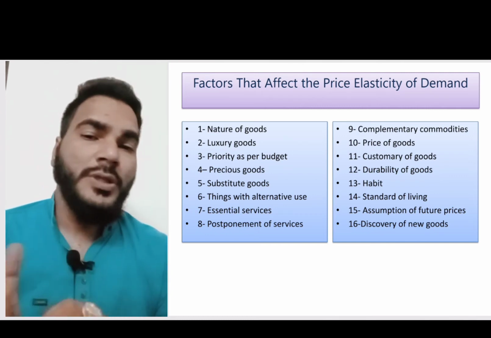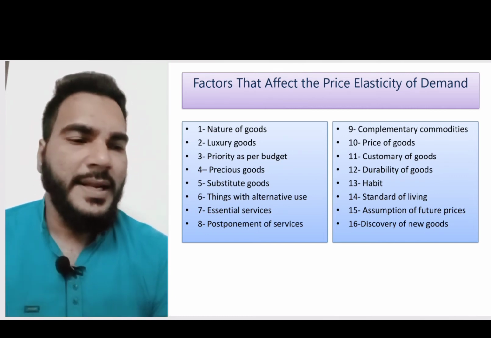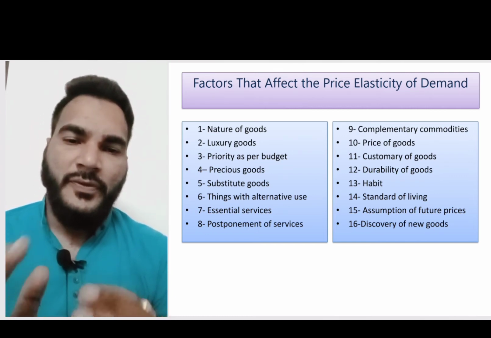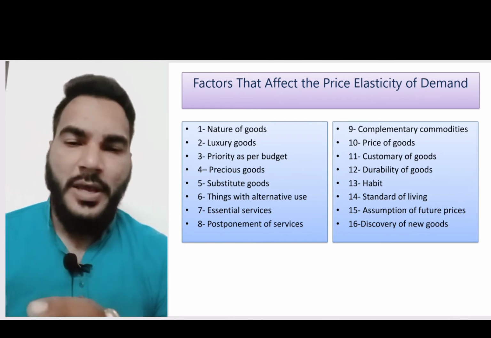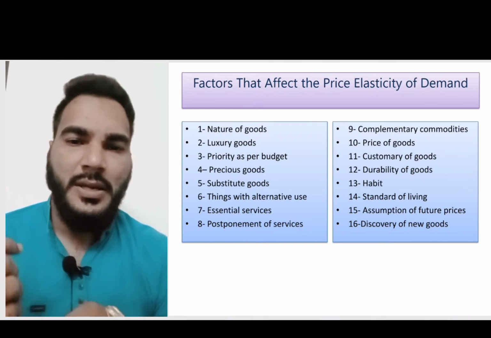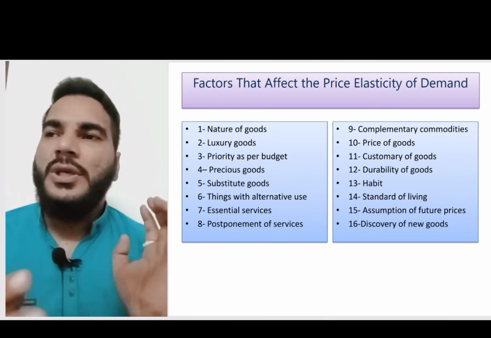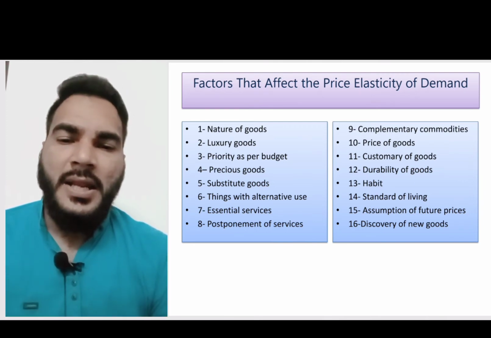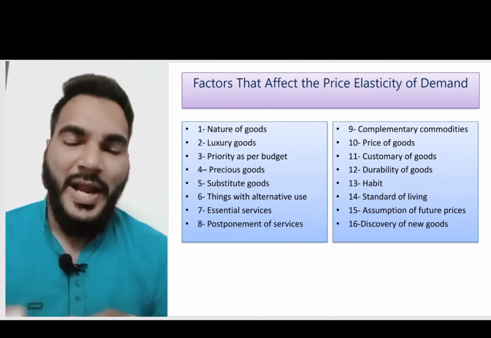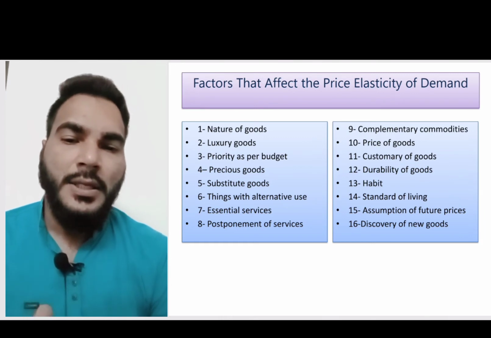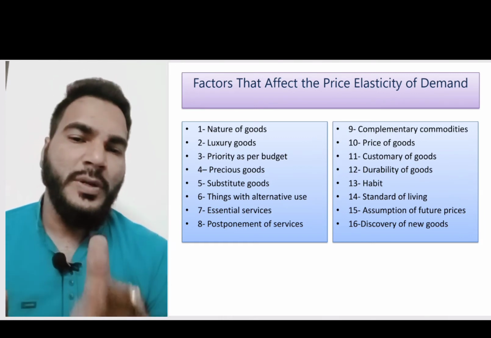Now let's see how substitute goods affect demand, with an example. We have two-wheelers like the Activa and a bike as well. We want to buy an Activa, but we hear that the prices of bikes have decreased, so we move from one product to another.